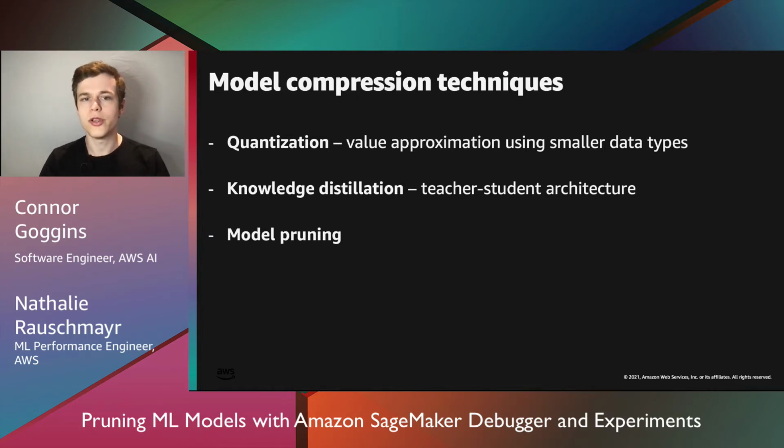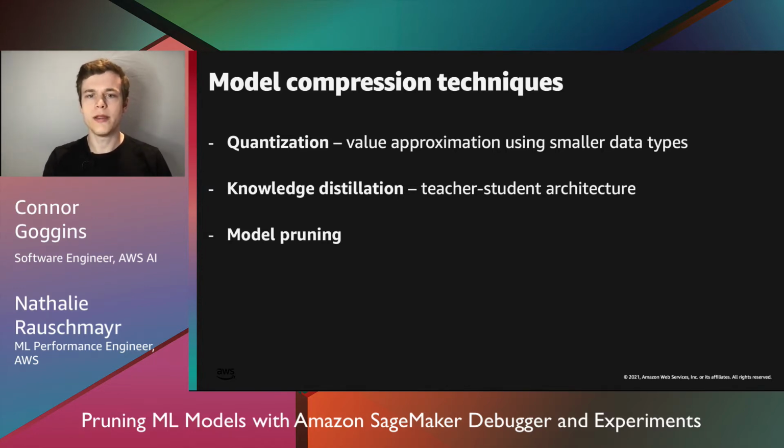So for example, you could quantize a network that uses 32-bit floats to one using 8-bit integers. Since one, the 8-bit integers are 4 times smaller than the 32-bit floats, and two, 8-bit integer math is generally simpler and therefore faster than 32-bit float calculations.